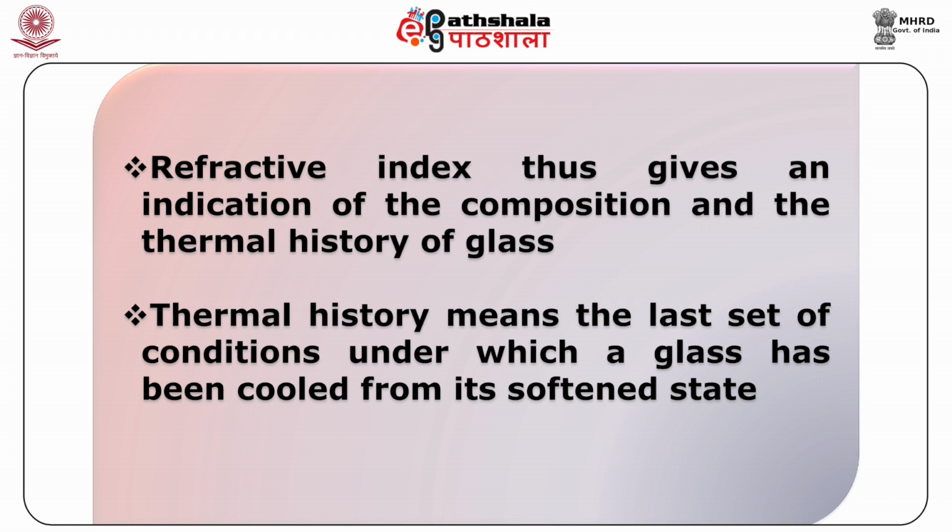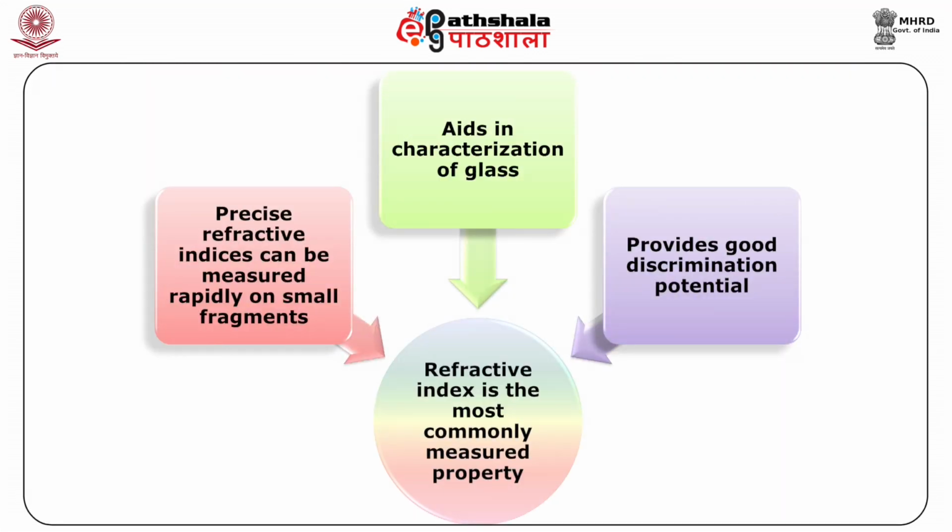By thermal history, we mean the last set of conditions under which a glass has been cooled from its softened state. Refractive index is the most commonly measured property as precise refractive indices can be measured rapidly on the small fragments found in casework. It aids in the characterization of glass and provides good discrimination potential.